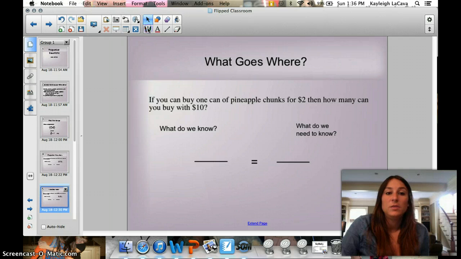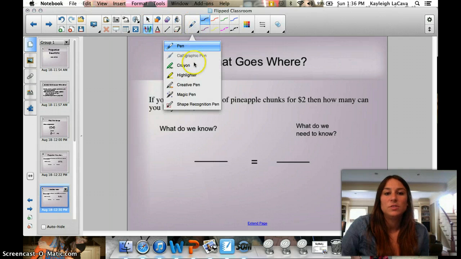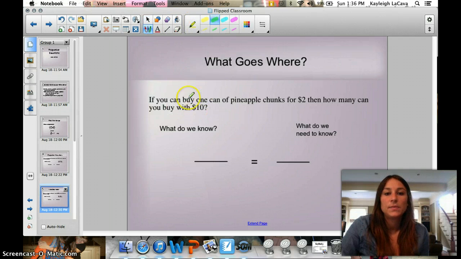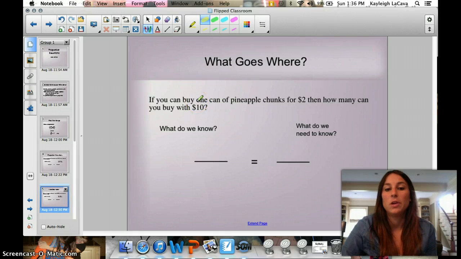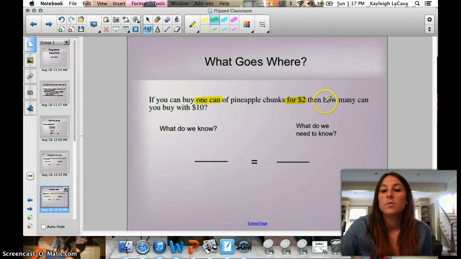What I'm going to encourage you to do when you're working on these in class is to highlight in one color what we know. So we know we have one can of pineapple for $2. In another color, we're going to highlight what do we need to know. So we need to know how many for $10.